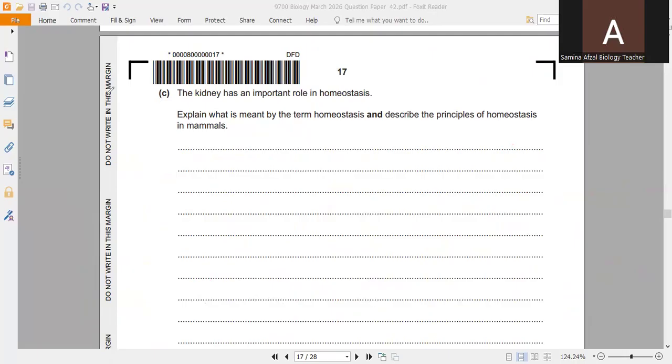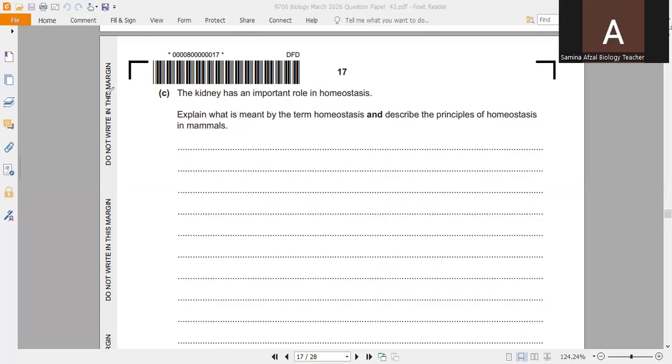Here we have to first define homeostasis and then the different principles due to which homeostasis takes place in the body. Homeostasis is the maintenance of a relatively constant internal environment, for example blood glucose concentration, water potential, core body temperature, and pH within narrow limits.